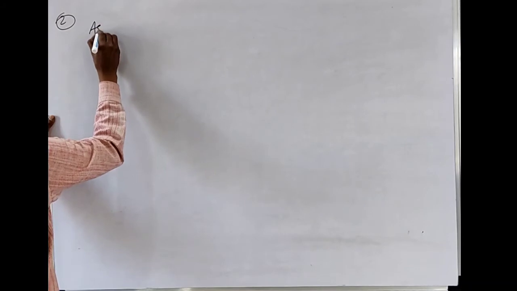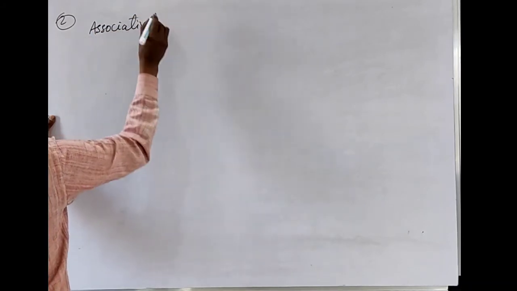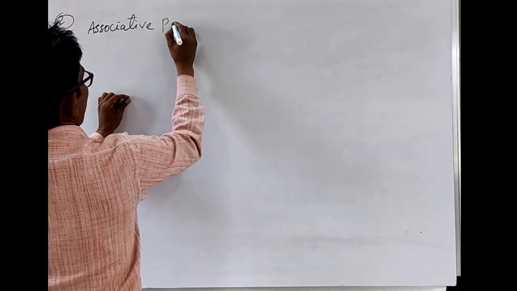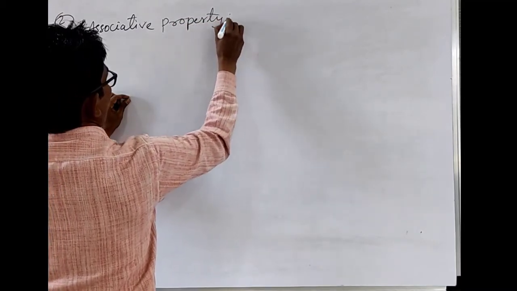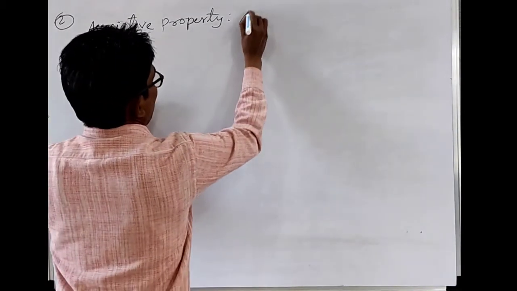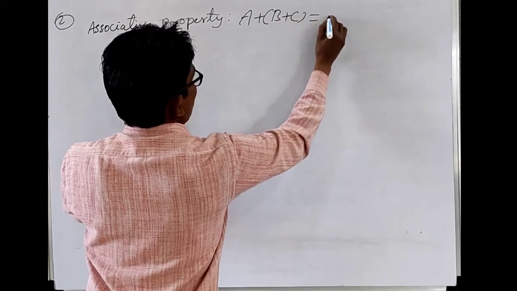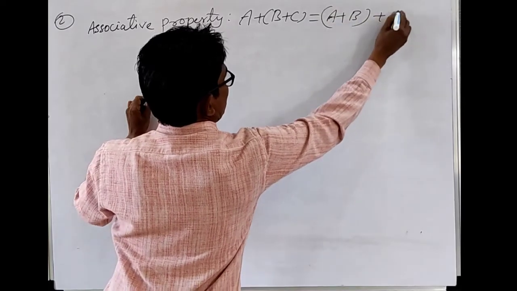The second property is the associative property. So what is the associative property? (A plus B) plus C is equal to A plus (B plus C).